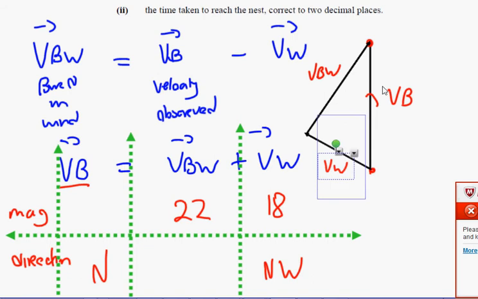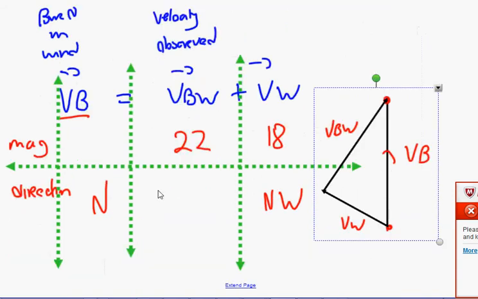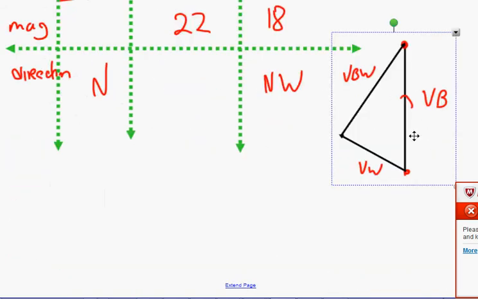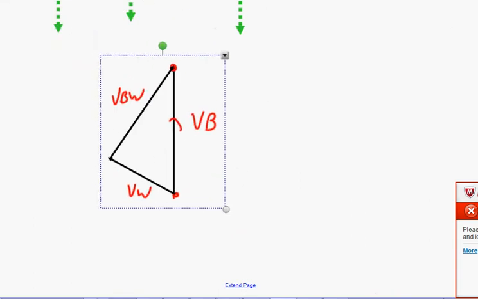And we're going to need this diagram down here. Okay, let's find out some angles. What can we say about this angle here? 45, because the velocity of the wind is going northwest, so that's 45. The direction is going 45 degrees.